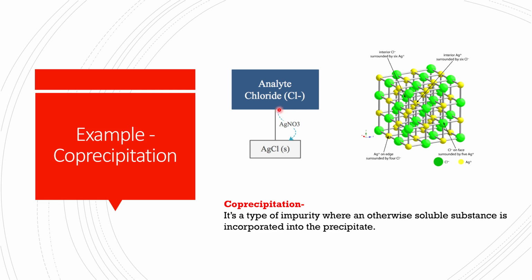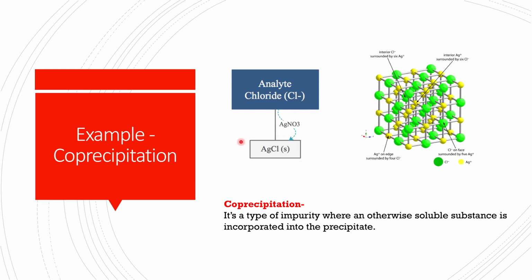Usually what we use here is to precipitate it as silver chloride. For doing that, you need to add some silver nitrate. So when you add silver nitrate, you will be precipitating the chloride as silver chloride.